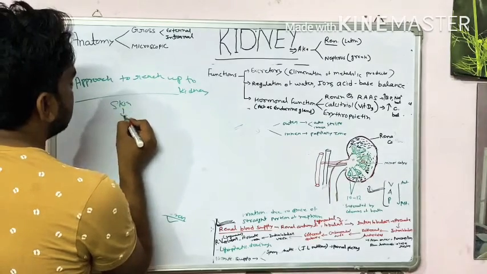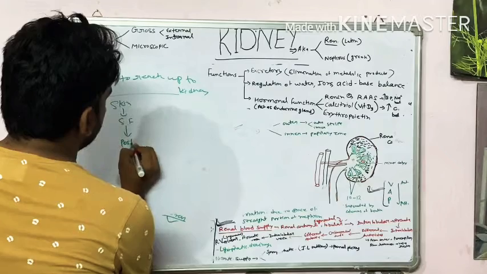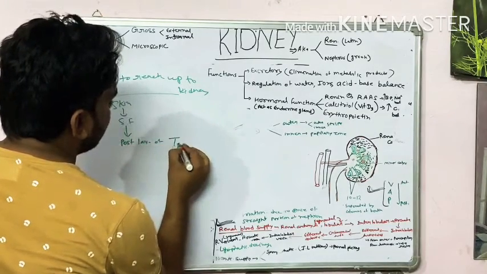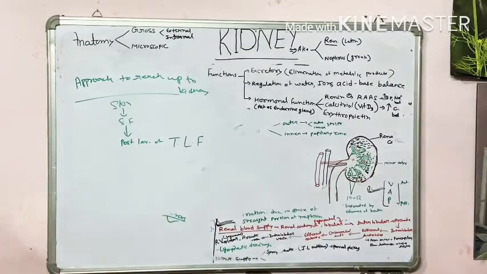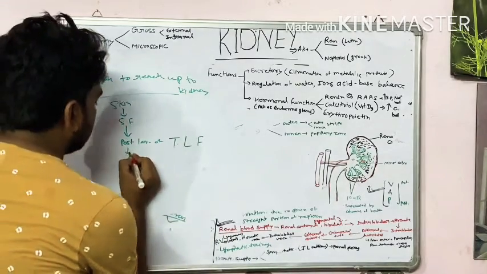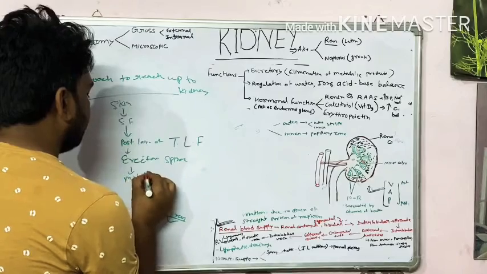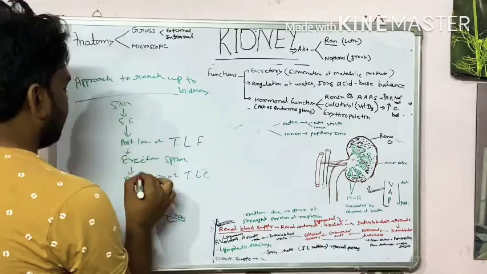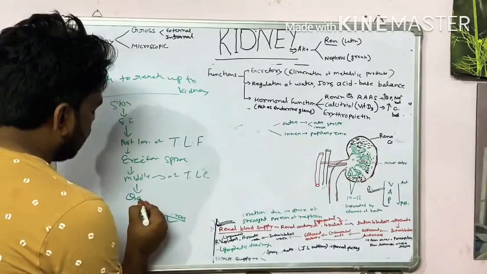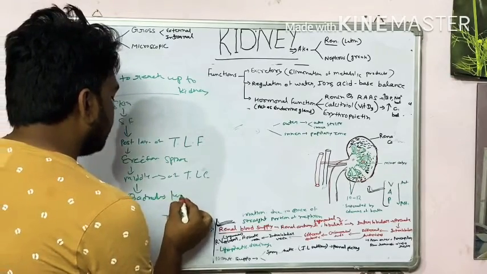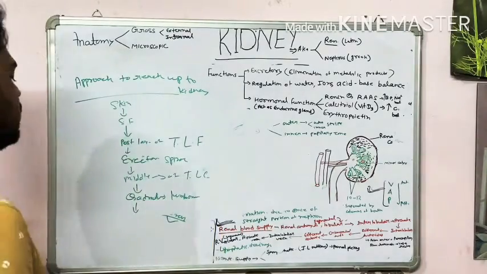First of all skin, then superficial fascia, then posterior layer of thoracolumbar fascia, then erector spinae muscle, then middle layer of thoracolumbar fascia, then quadratus lumborum muscle. Then we will reach the renal capsule.